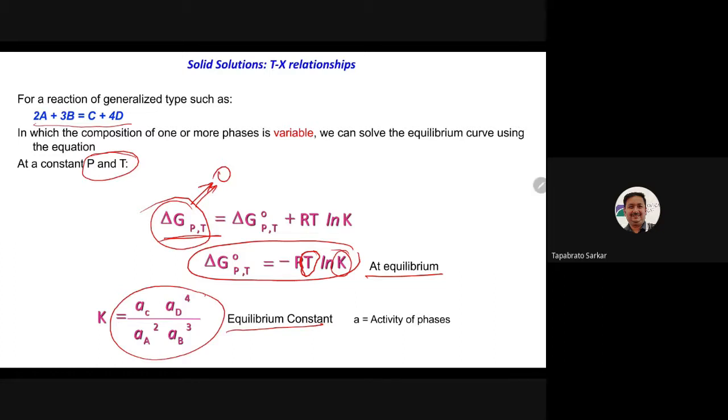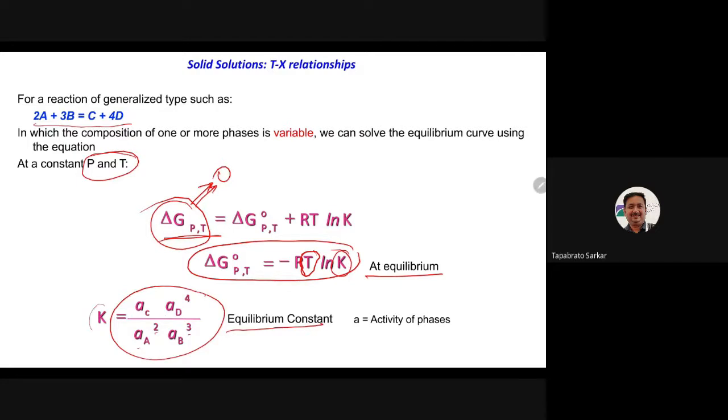As you can see, K equals the product of the activities of the right hand side, C and D, raised to the power of their coefficients, divided by the product of the activities of the left hand side of the reaction, raised to the power of their coefficients. So activity of C into activity of D to the power 4, divided by activity of A to the power 2 into activity of B to the power 3. This is how K is defined for all reactions.